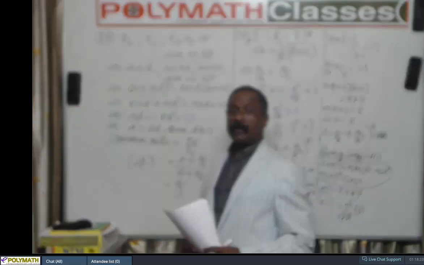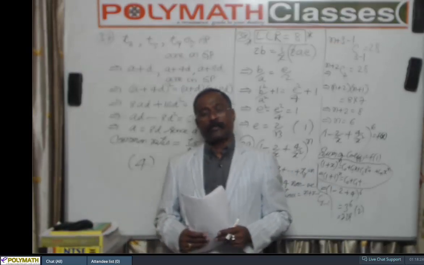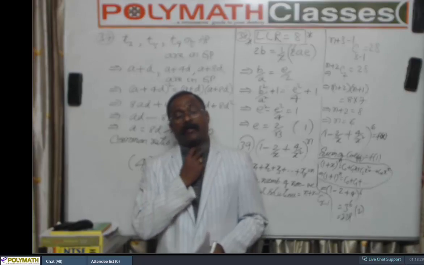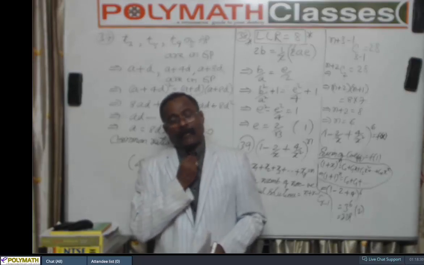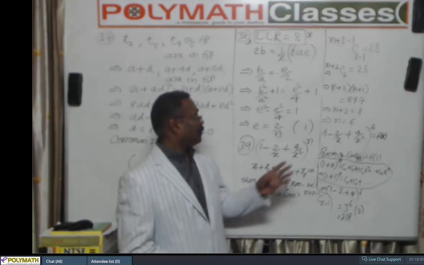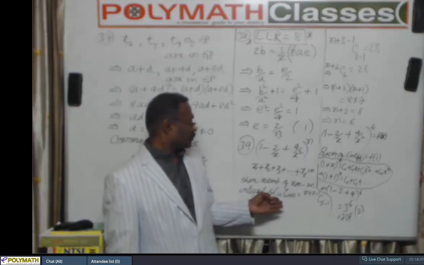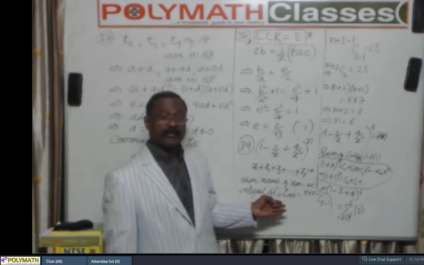So it is solved in 2 phases. First phase is getting the value of n there. Getting the value of n means the power. It is based on this concept, that is number of non-negative integral solutions, n plus r minus 1 c r minus 1.